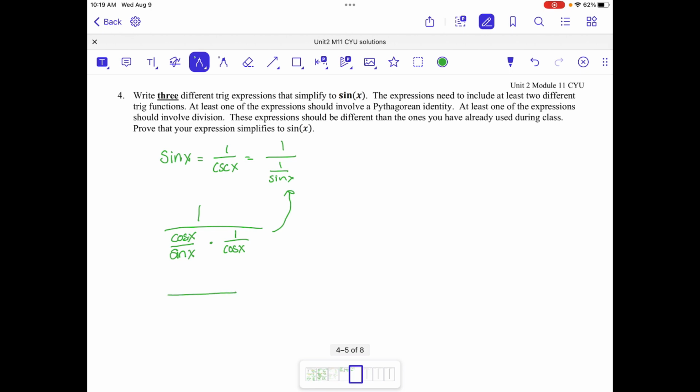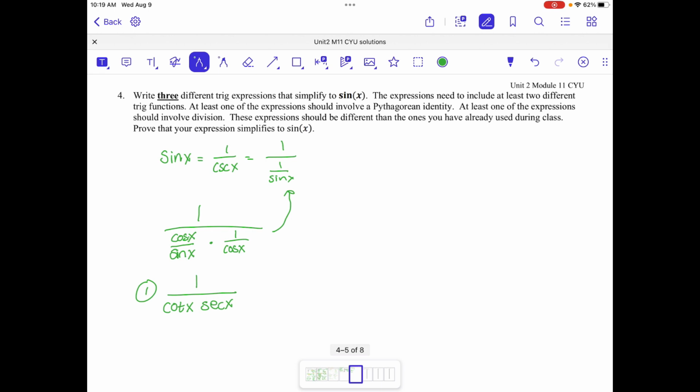Let's rewrite this into single trig expressions. So cosine of x over sine of x is really cotangent of x, and 1 over cosine of x is secant of x. I have my quotient problem with multiple trig expressions, which is exactly what we were asked to do. And I know it simplifies back down to sine because I worked my way backwards.